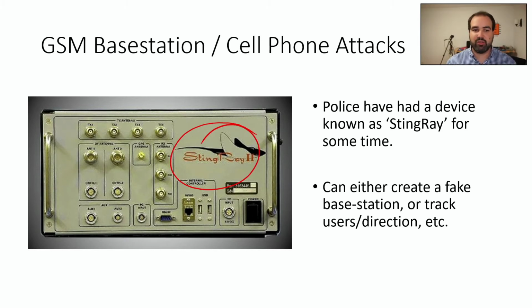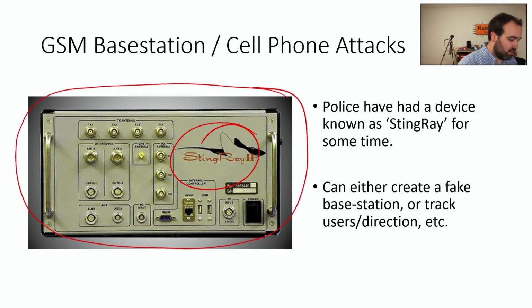So it can be used to detect, for example, if there was a protest and the government didn't like this protest, they could use this device to figure out who was in the area, because you can track, even without having, so you could say like, well, the government can request logs from the cellular operators, right, but they could in fact set up their own fake base station and don't even have to tell the cellular operator. So it's a whole different level of transparency that there's potentially no record of, right?